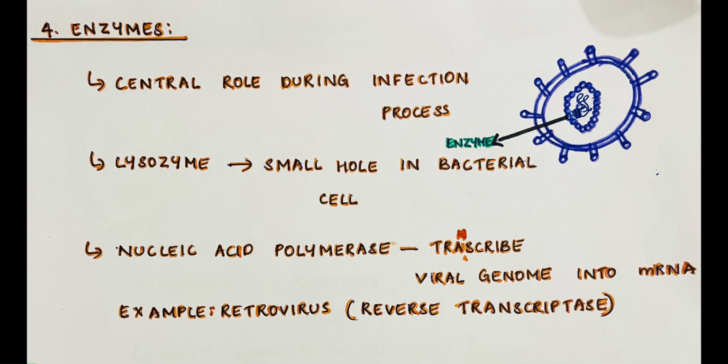Some viruses contain their own nucleic acid polymerase which transcribes the viral genome into mRNA during the replication process. For example, retroviruses are RNA viruses that replicate inside the host cell through a DNA intermediate. These viruses possess an RNA-dependent DNA polymerase called reverse transcriptase.